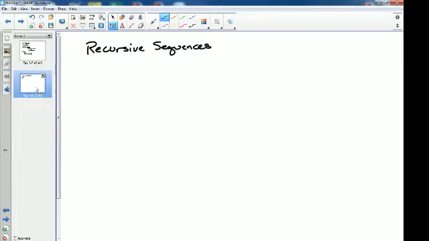So if I define a sub 1 as 1, first term is 1. And in a recursive sequence, you have to have a first term defined. Recursive means the next term, or any nth term, is defined by the term prior.